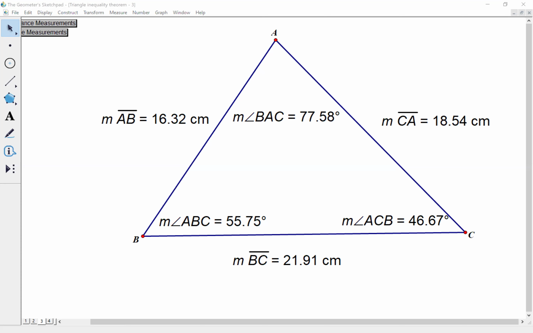Hmm. Does that work with the smallest angle and the smallest side as well? Well, which one's the smallest side? 16.32, right? So I'm going to say this right here is the smallest side. Which one is the smallest angle? I see 77.58, I see 55.75, and I see 46.67.